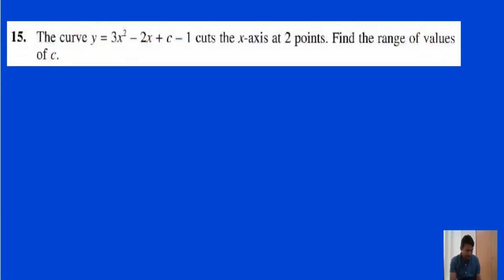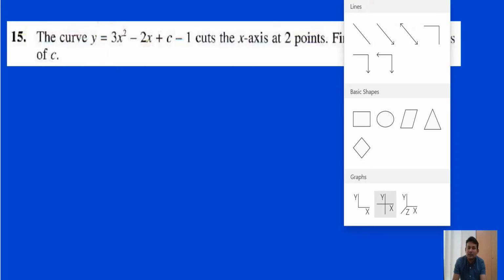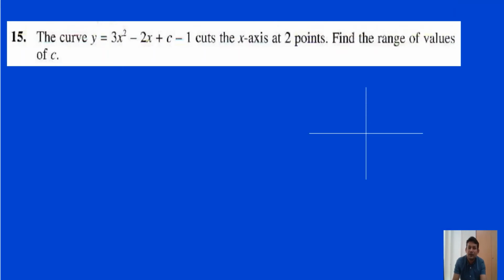Question number 15. The curve cuts the x-axis at 2 points. Okay, x-axis at 2 points means your curve cuts the x-axis at 2 points. So y equals to 0.